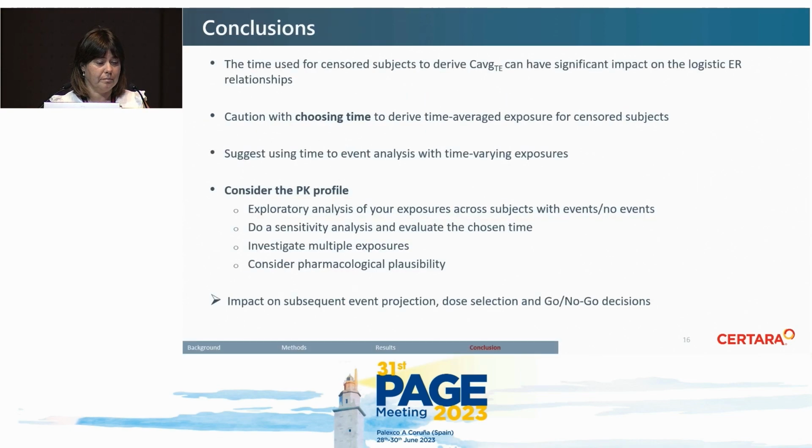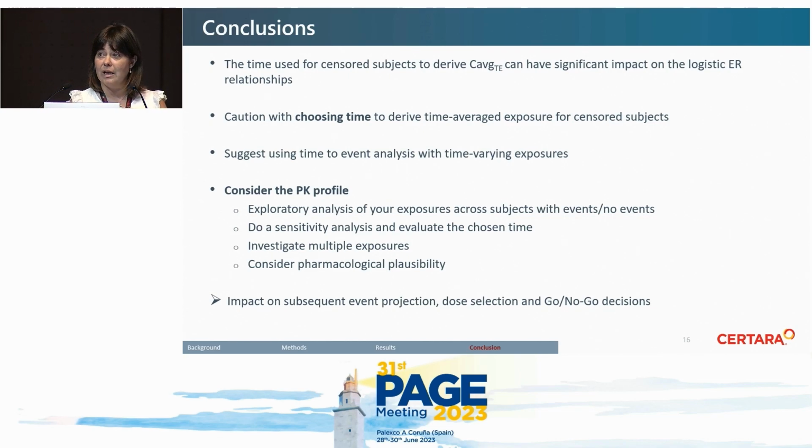In conclusion, the time used for censored subjects to derive time average concentration can have a significant impact on logistic regression ER relationships. And as a note here, we've seen similar things with Cox models as well and others.